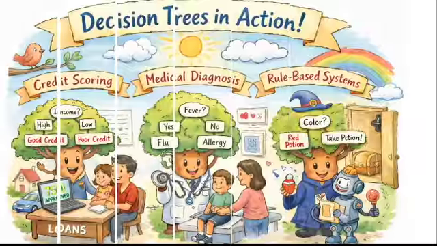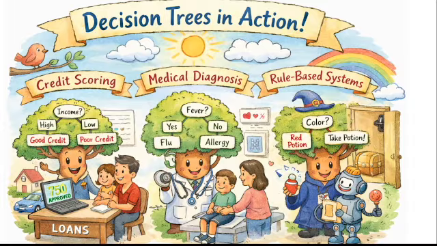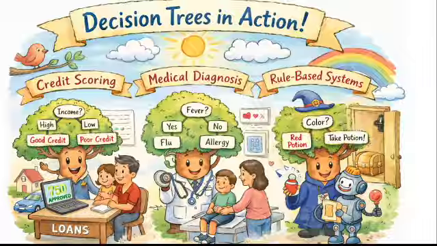Decision trees are widely used in credit scoring, medical diagnosis, and rule-based decision systems. One big advantage is that they're easy to interpret, need very little pre-processing, and handle nonlinear relationships well. I'll cover that nonlinearity part in a future short video.